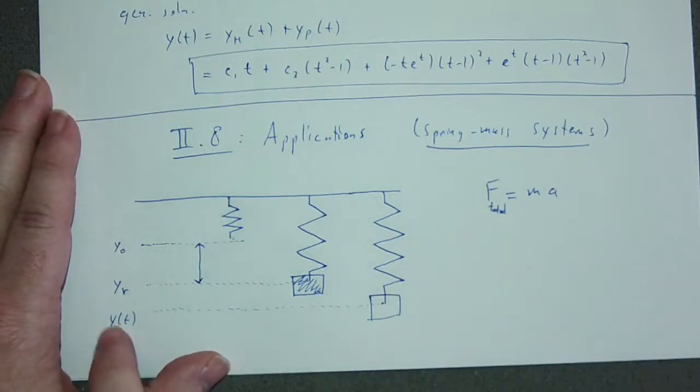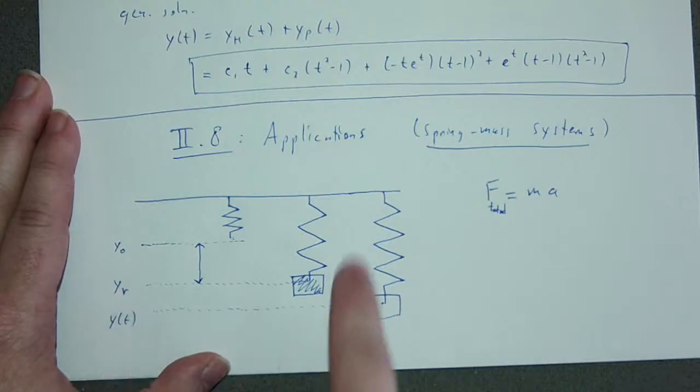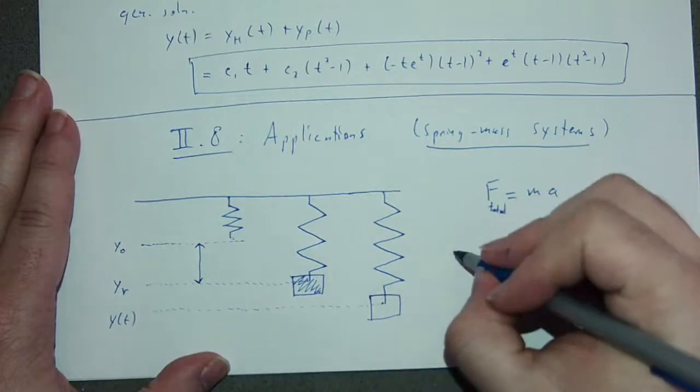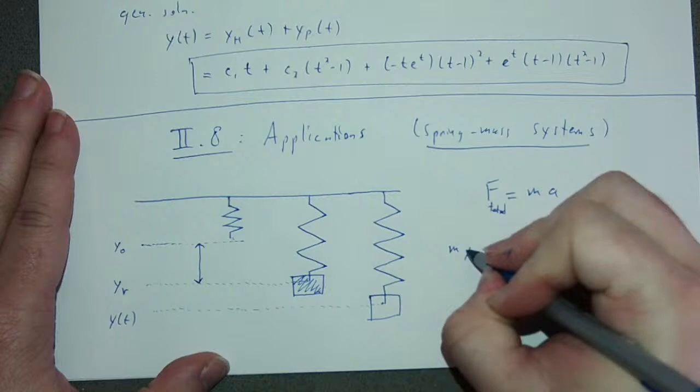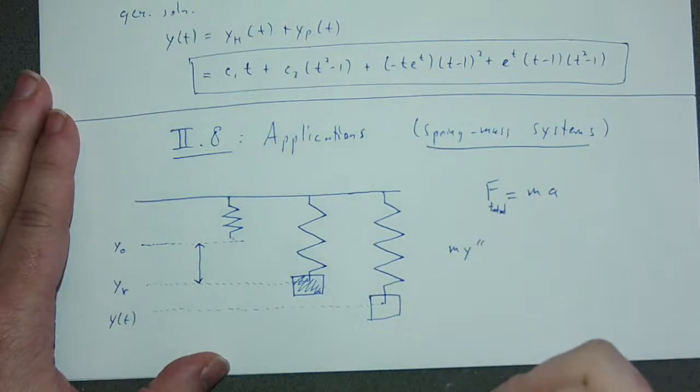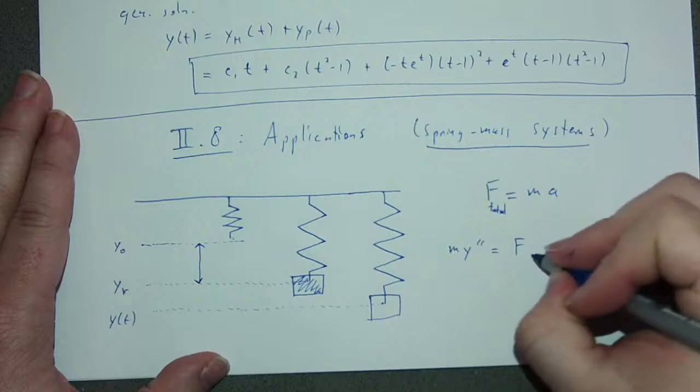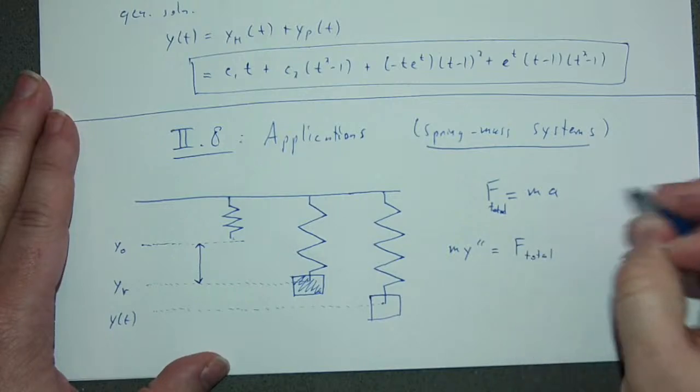Now, if y is tracking the position of this thing, then velocity is going to be y prime, and acceleration is going to be y double prime. Rewriting this in the other direction, this gives me y double prime is equal to F sub total over m.